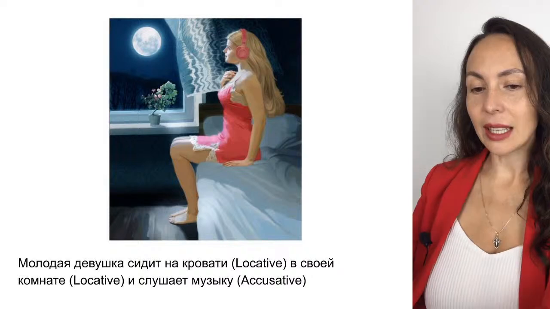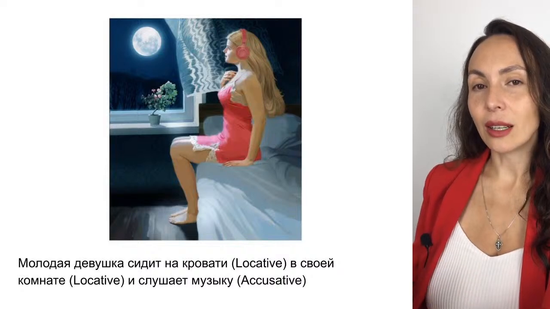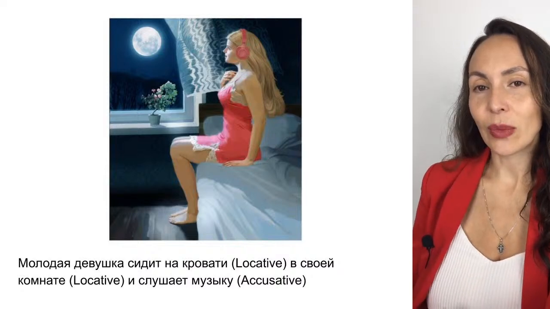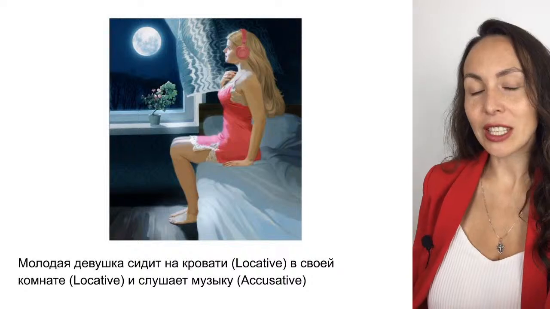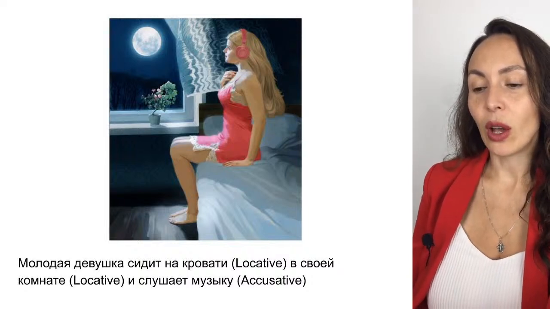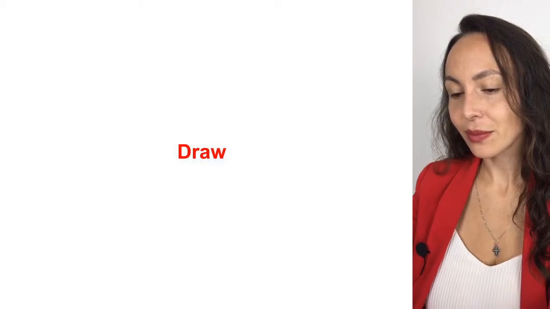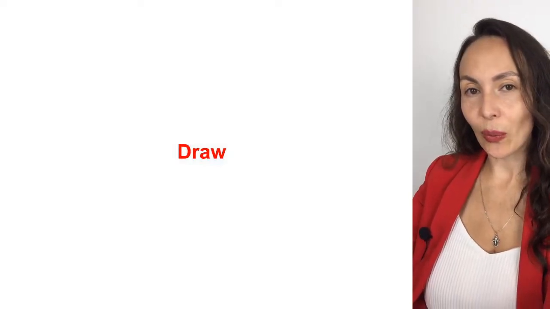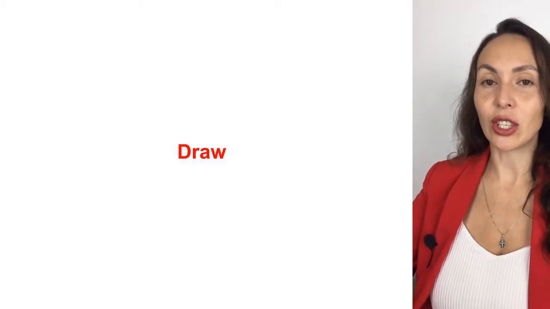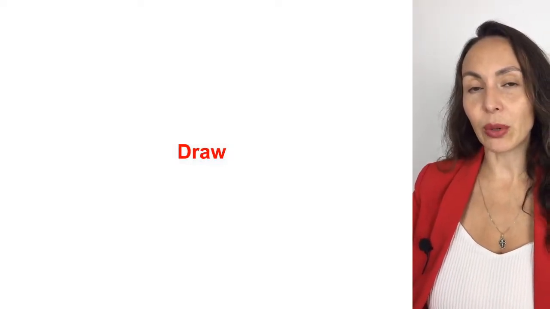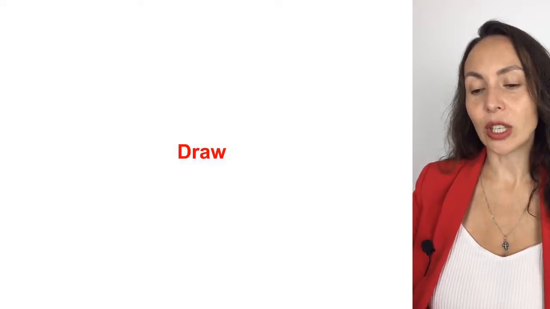And practicing like this, you get step by step used to imagining situations and describing them from this point of view. Draw. You need to draw. Simply, quickly, but you need to draw in your imagination, in your head, or on paper, but you need to picture situations.